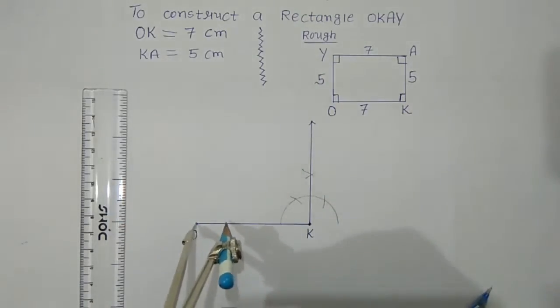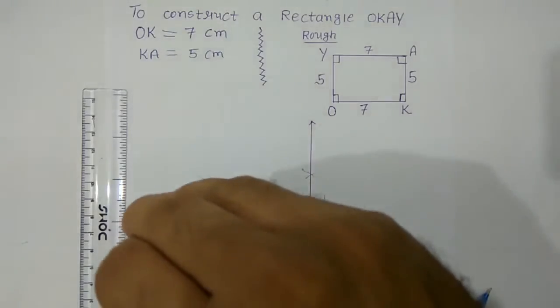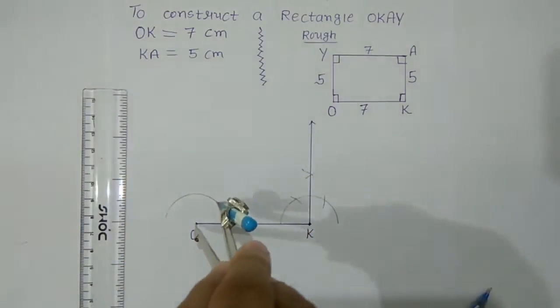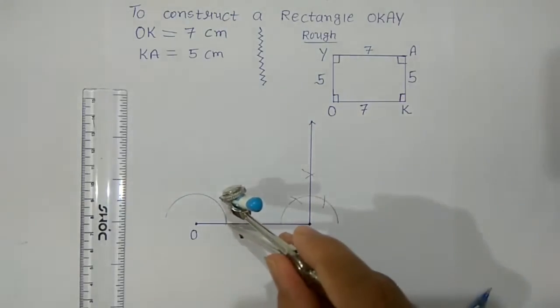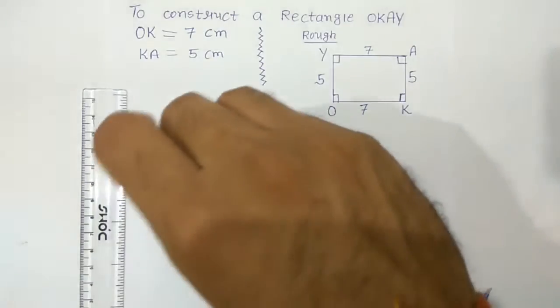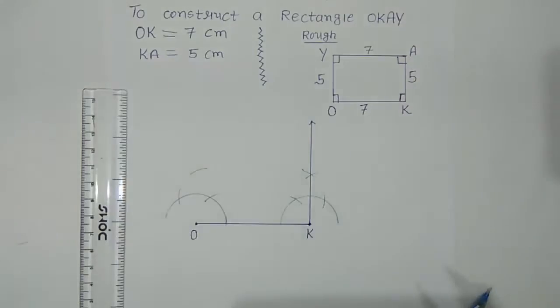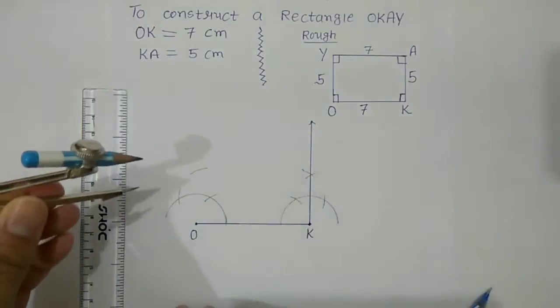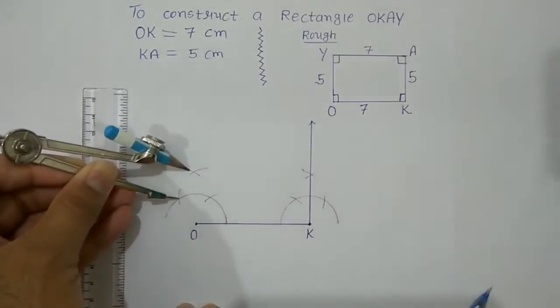Keep the point at O and make a semicircle in this way. Right? Now with the same radius make two arcs. One is here and second one is here. With the same radius also make one arc here, and now make one another arc from this point that will intersect this point.